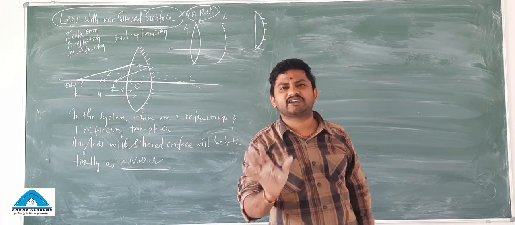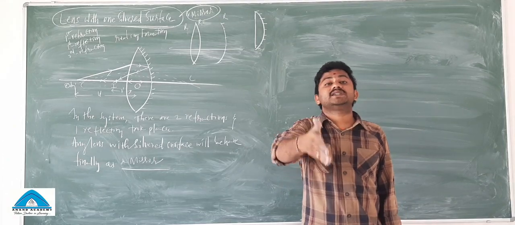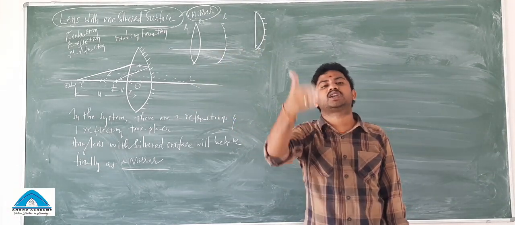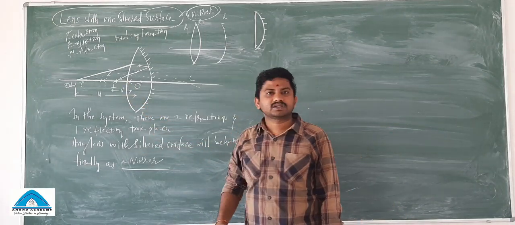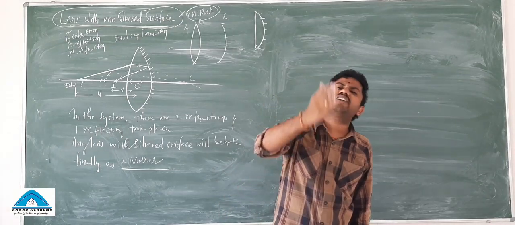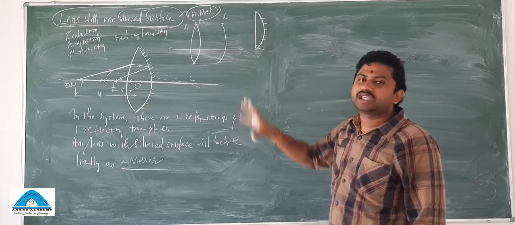Imagine that is a concave mirror. In this case the system is behaving as a concave mirror only, because we got the real image formation. So which mirror can form the real image? Only concave mirror.